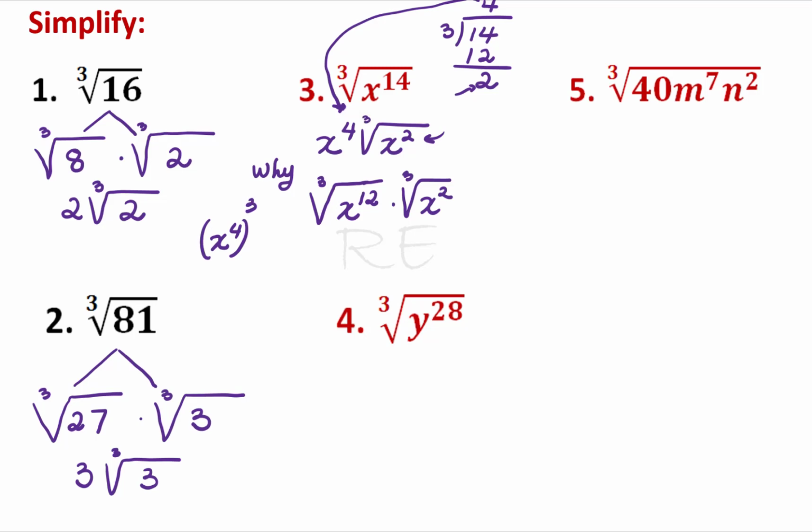Cube root of x to the 4th cubed is equal to x to the 4th. So our answer is x to the 4th times cube root of x squared.